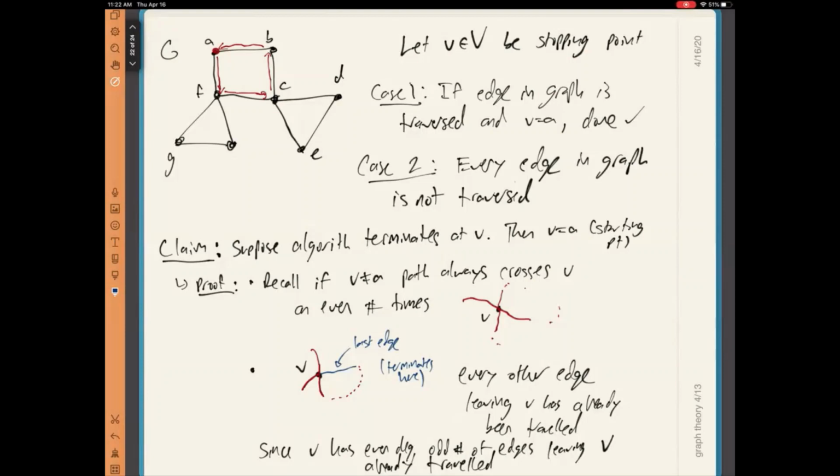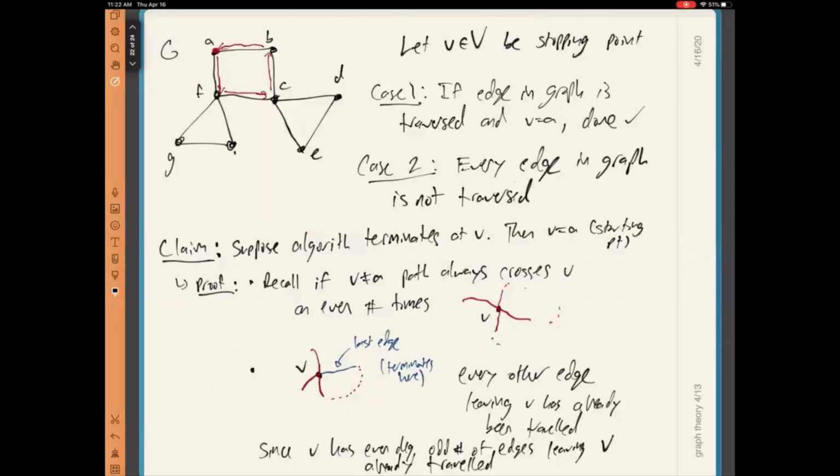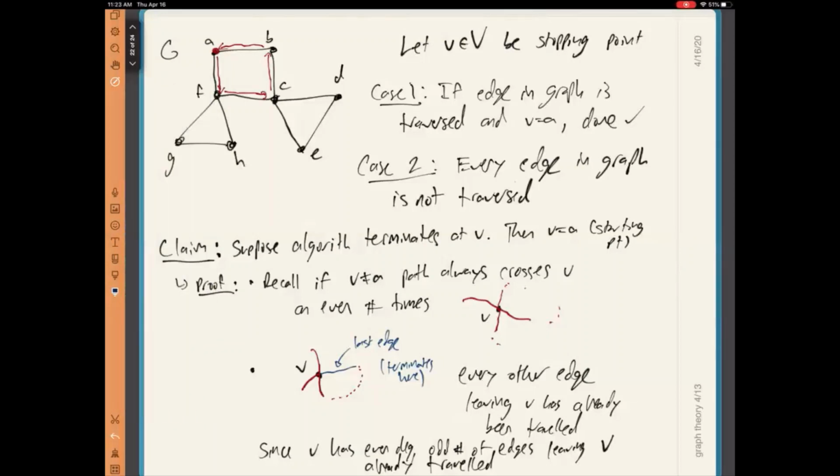Let's call this H. I have the graphs F, G, and H, and notice that every vertex in this subgraph has degree 2. And so by the induction hypothesis, I can always find an Euler circuit. Similarly, in the other piece, C, E, D, every vertex has degree 2, and so by the induction hypothesis, I can find another Euler circuit.